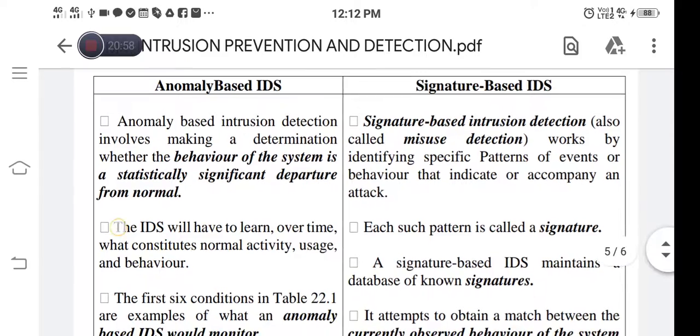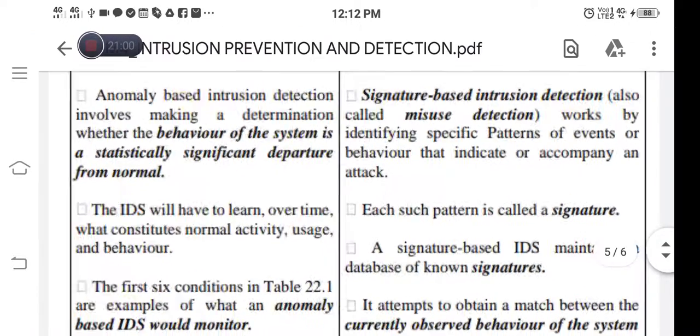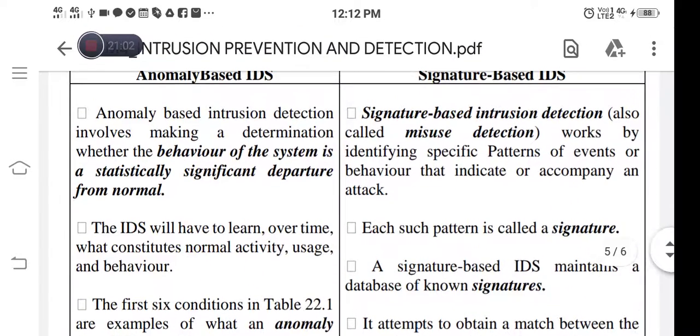Signature based is again a very simple one. The signature based intrusion detection works by identifying the specific patterns of events or behavior that indicate or accompany an attack. Each such pattern is called a signature here.